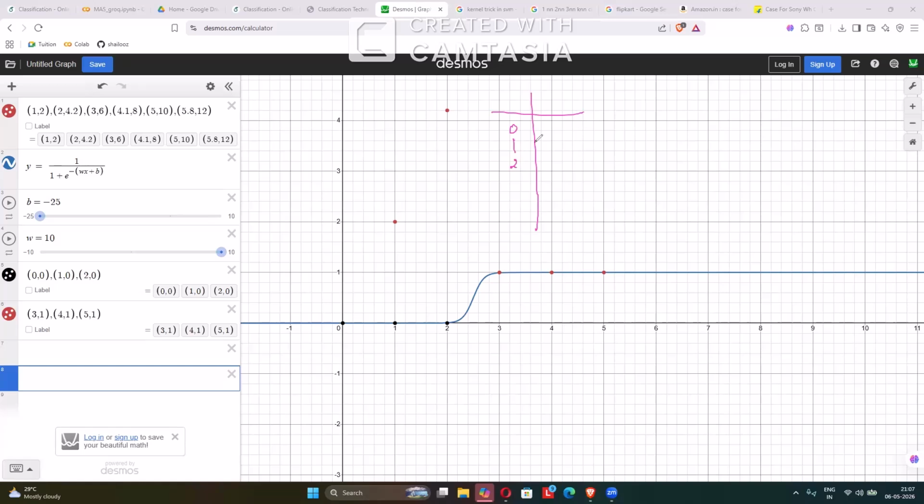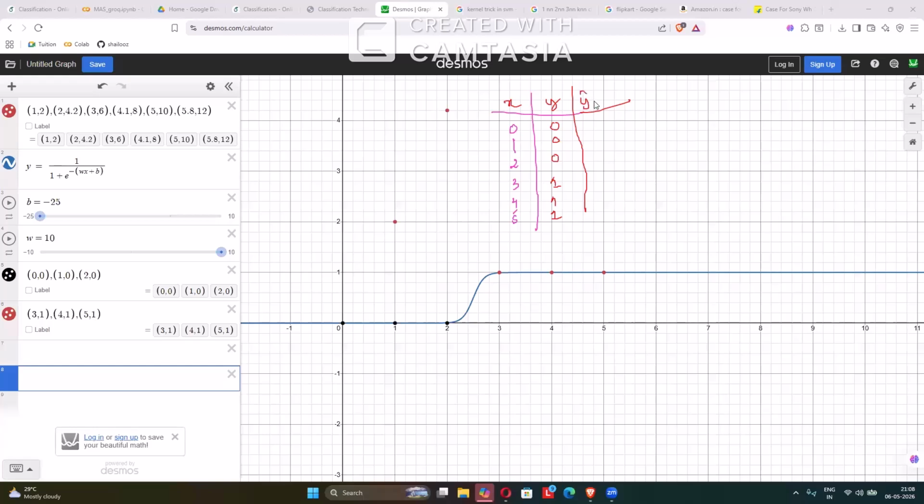0, 1, 2, 3, 4, 5. And for these classes, the output is 0 for these 3 observations and 1 for these 3 observations, right? So according to this, this is our x and this is our y.